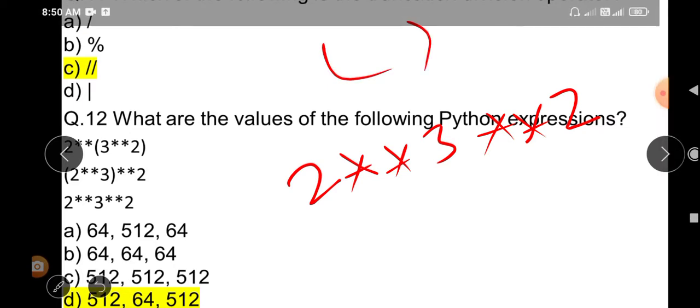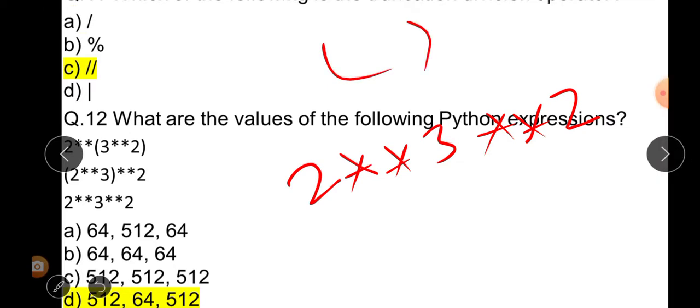Okay, so which has the highest priority? When there is no sign of parenthesis, and there is a single operator, that is exponent, which is represented by double star, then it should always be evaluated from right to left.